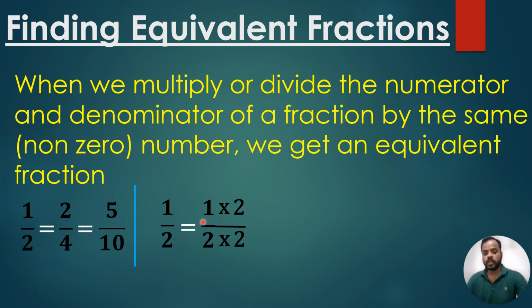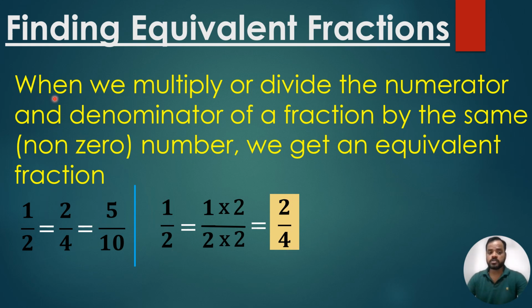In the numerator we multiply by the number 2, in the denominator again we multiply by the same number 2, then we are getting how much? We are getting 2 by 4. So 1 by 2 and 2 by 4 are equivalent fractions.